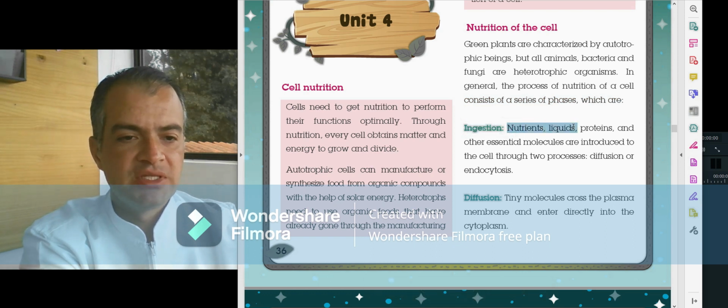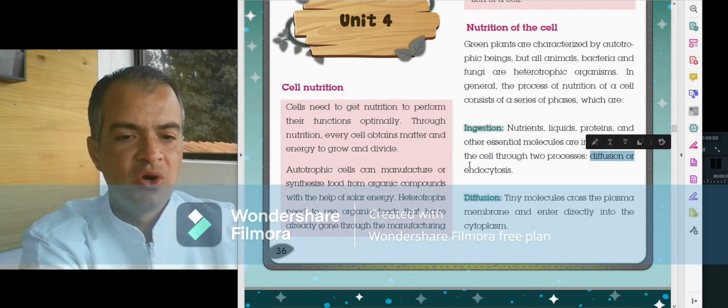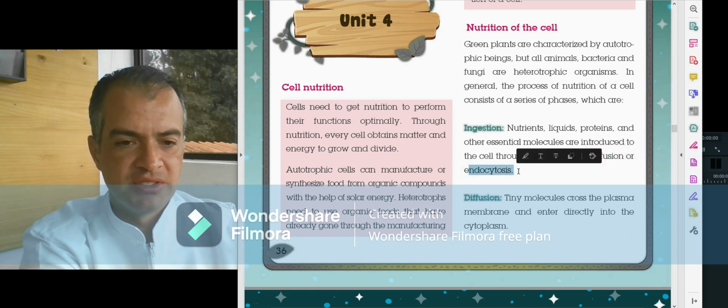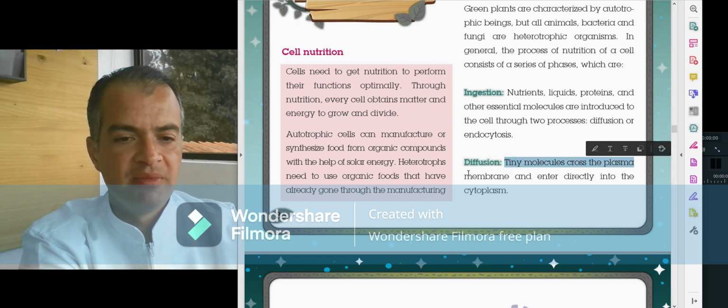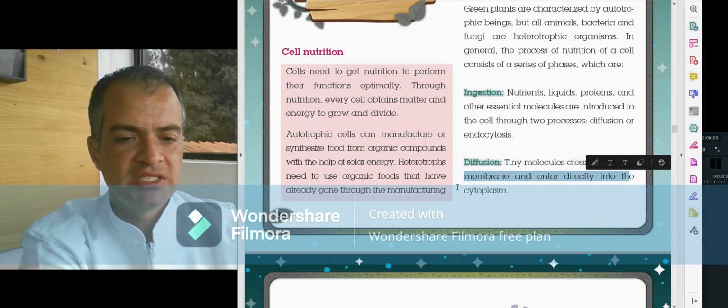Nutrients, liquids, proteins, and other essential molecules are introduced to the cell through two processes: diffusion or endocytosis. Diffusion. Tiny molecules cross the plasma membrane and enter directly into the cytoplasm.